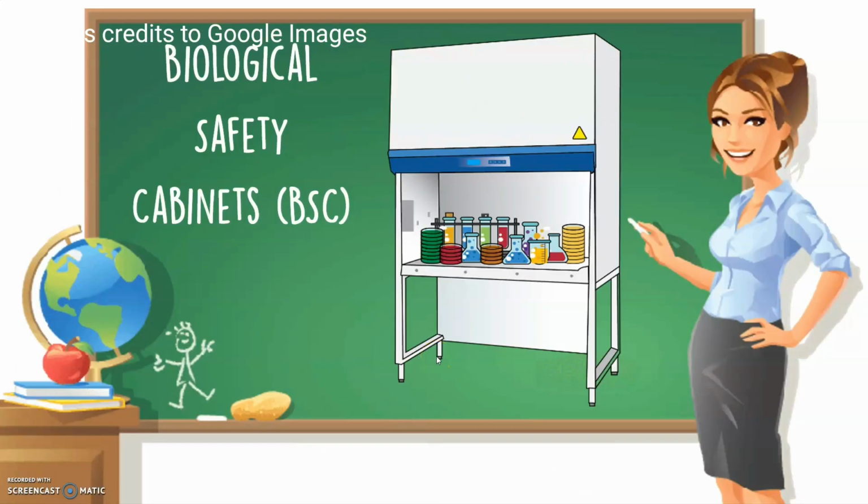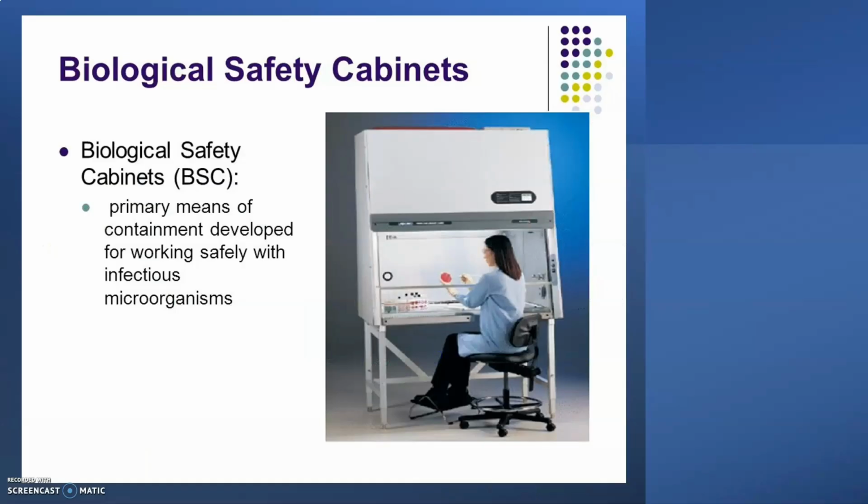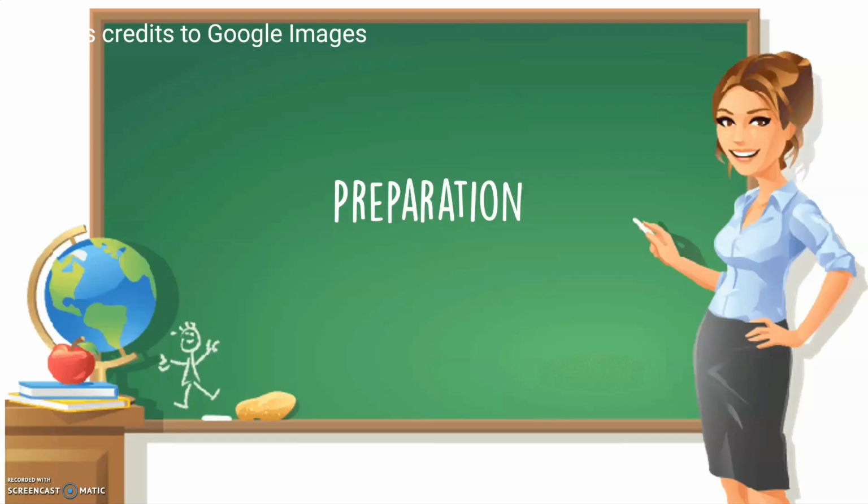Biological safety cabinets should be used when working with pathogens, tissue culture, and human samples. So what do we mean by pathogens? We know that pathogens are those bacteria that cause diseases. Biological safety cabinets are the primary means of containment developed for working safely with infectious microorganisms.